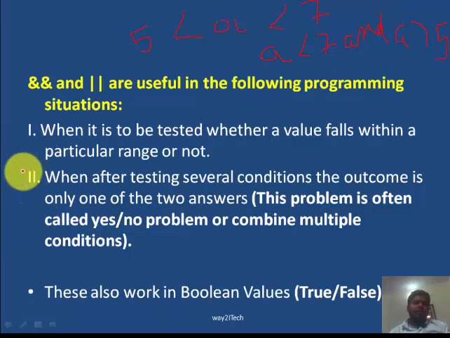We will also see these points while we are doing some programs. These work on boolean values, which means true or false, or 0 and 1. 0 means false, 1 means true. We will discuss programs and you will understand better.